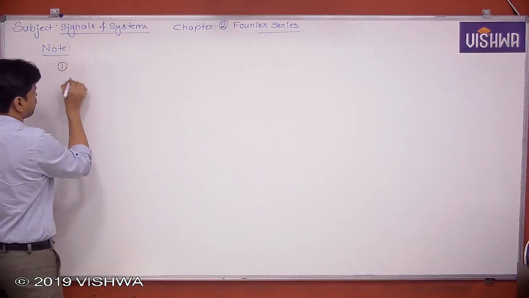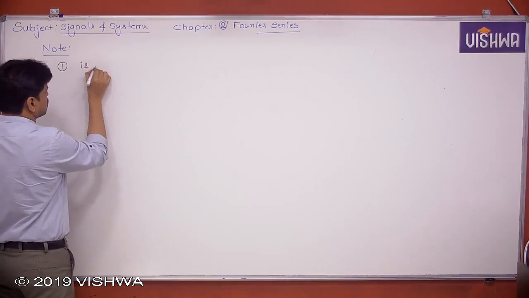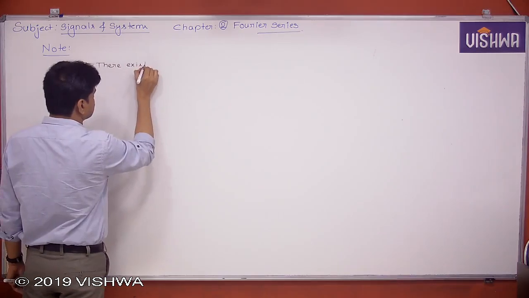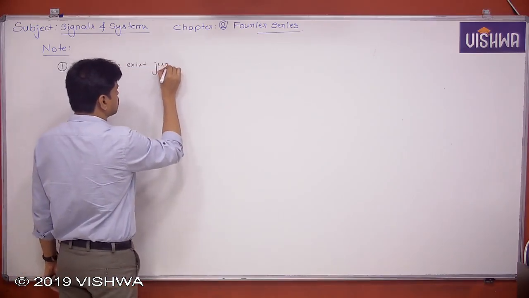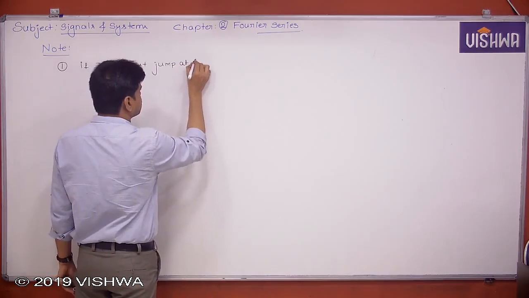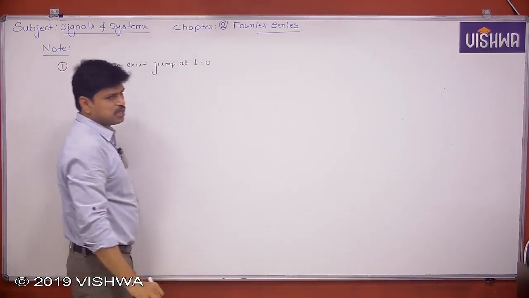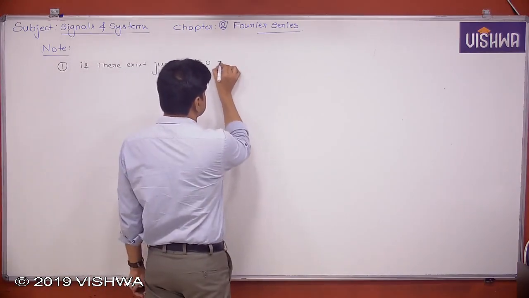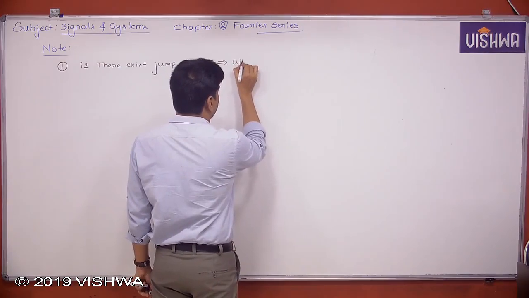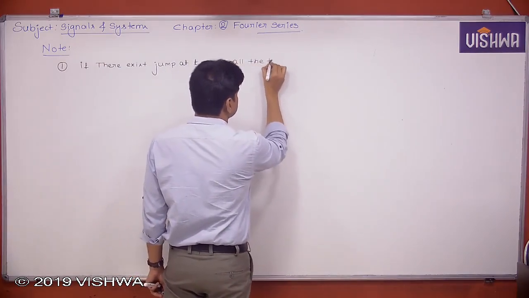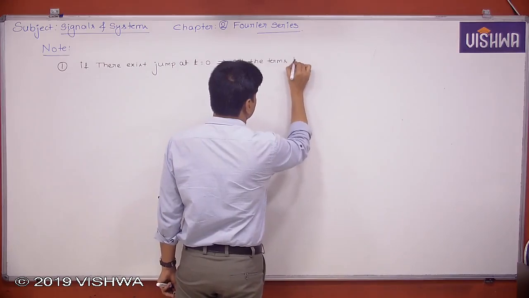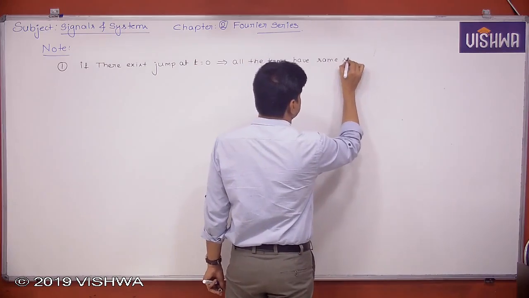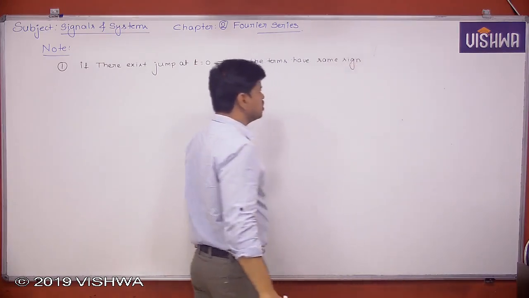First point: if there exists a jump at t equal to 0, that implies all the terms have the same sign.